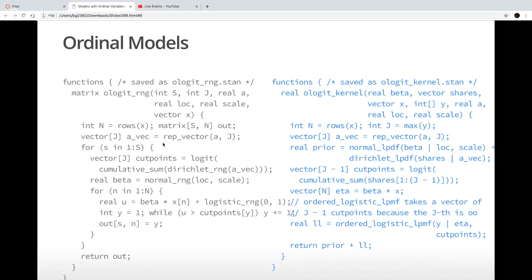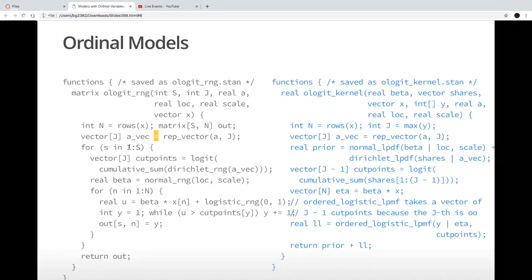Not sure if I've used the rep_vector function before, but it acts like rep in R. Here I'm taking in a scalar value for the concentration parameter on my Dirichlet prior, and I want to copy that J times to use when I specify the draws from the random generator.